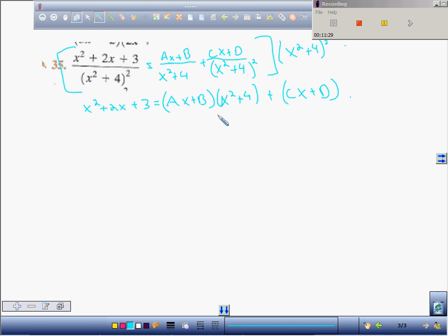So then the nice thing about this is, let's write it as x squared plus 2x plus 3 equals, and I'm going to FOIL this out.